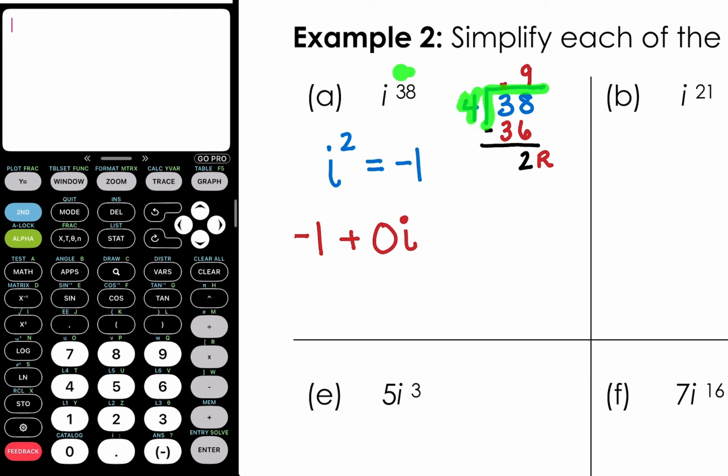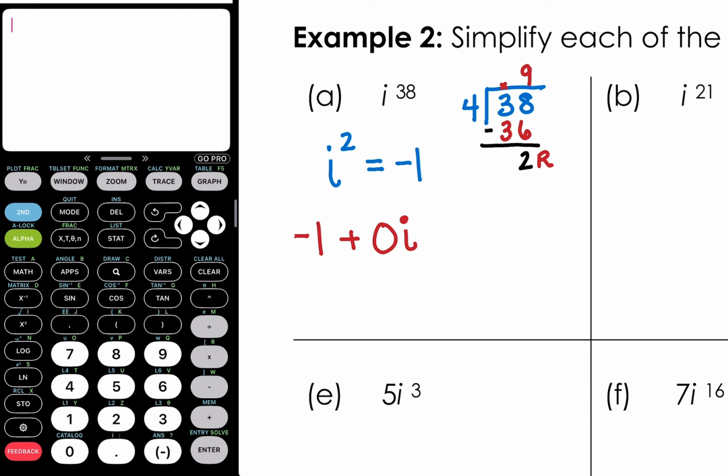Okay, we would divide this power by 4 because there are only 4 cases that we could come across. Those are the 4 cases we just went over. And when we do long division, 4 goes into 38 9 times, and it leaves us with a remainder of 2. So the remainder is actually the case that we're going to be using. So I to the 38th power is going to be equivalent to I to the 2nd power, or I squared, which we know to be -1.